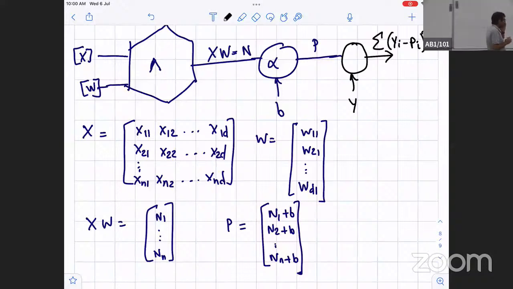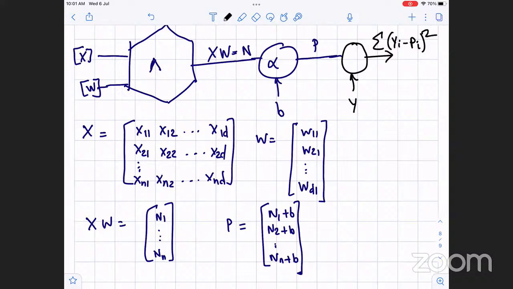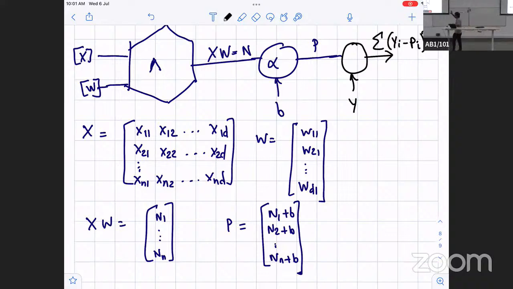So what is the forward pass? How does data propagate in this? What does the first blob do? It just multiplies W and X, correct? And you will get vectors N1 to NN. And what does the second blob do? It adds a bias B, the same B to all of them.